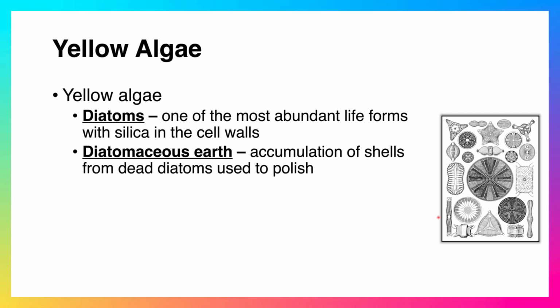After the diatoms die, their shells are left behind, and these dead diatom shells are then gathered together and actually harvested, and they're used to polish various things. They used to be put into toothpaste so that they could be used to polish teeth.